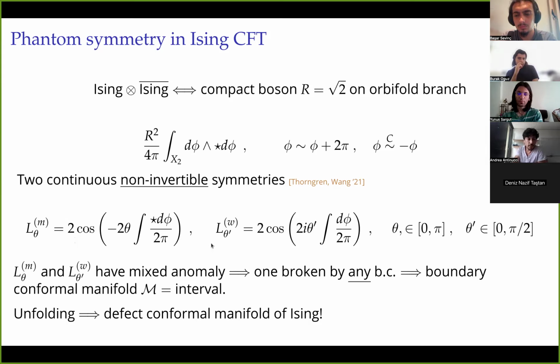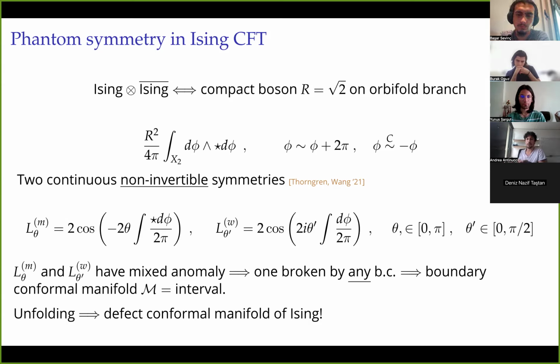And indeed, the point is that these two continuous symmetries, from the point of view that I just described, are two phantom symmetries because they are not there in the Ising model, but they arise in the compact boson. They have a mixed anomaly, so it's impossible to preserve both of them with a boundary condition. This is a completely general fact. When you have a symmetry with an anomaly, you cannot write down a boundary condition that preserves the symmetry.